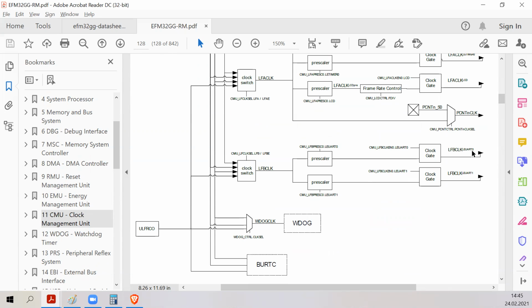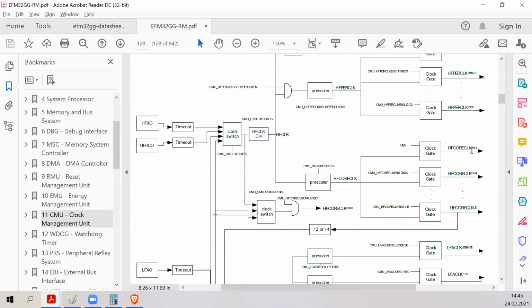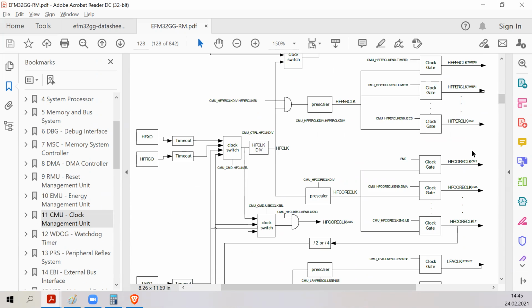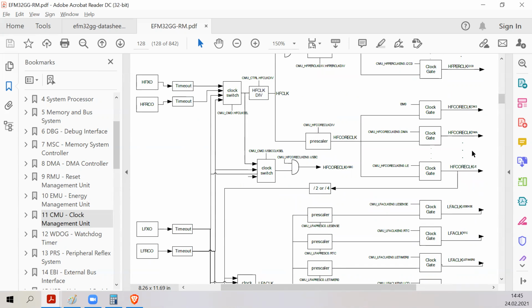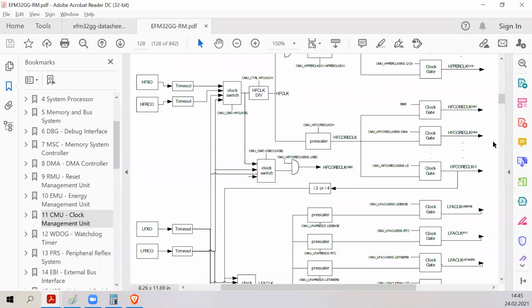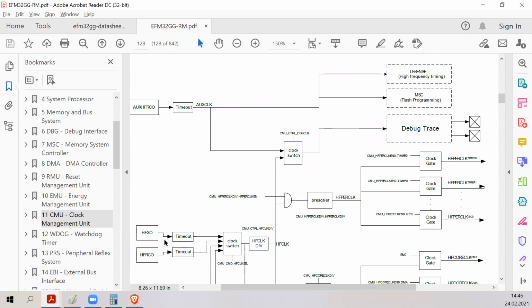Oh, these are low energy UARTs, but where are high energy UARTs? I can't spot it, but generally UART is also running from high frequency clock, so it also stops.